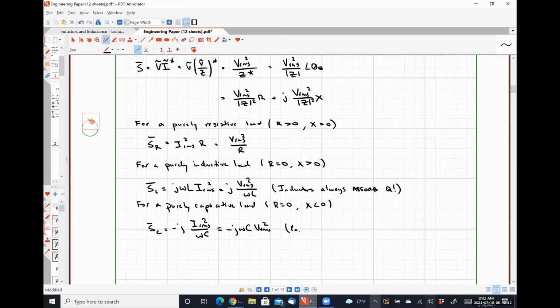So capacitors always supply reactive power.